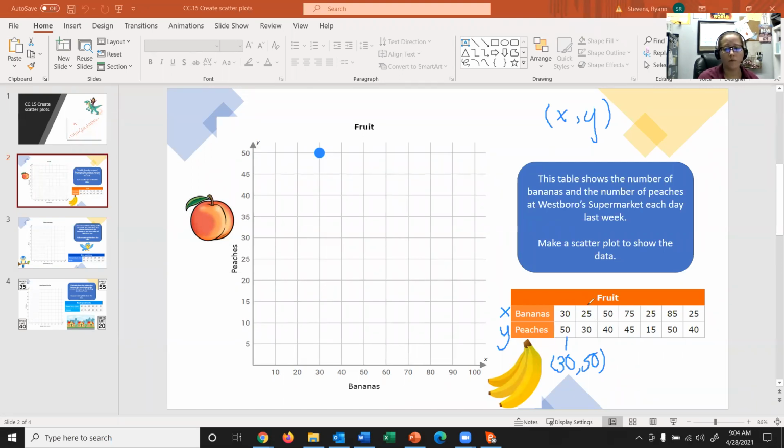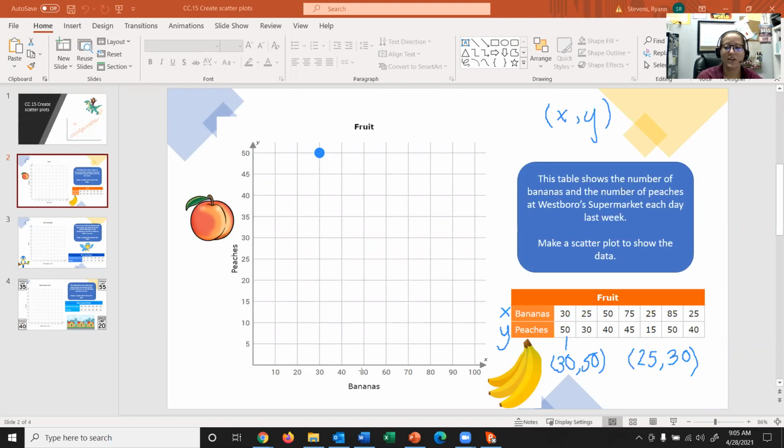The next one we would have is 25, 30. I will write this over here: 25 and then 30. Then you're going to do the same thing. You're going to go over to 25. Now, in this case, there is no label.